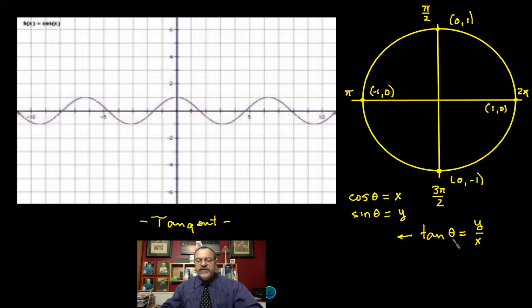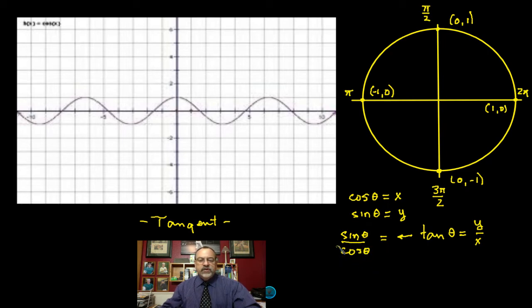So if the tangent of the angle is y over x, and on the unit circle y is sine and x is cosine, we could rewrite the tangent ratio in terms of sine and cosine by putting y, which is the sine value, over x, which is the cosine value. So the tangent ratio could also be expressed as the ratio sine over cosine.